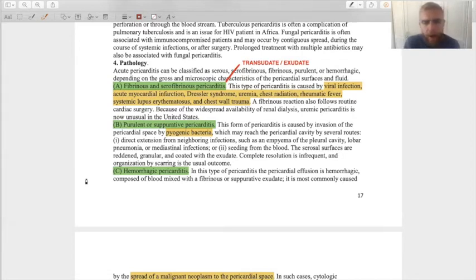And looking at all these causes, most of them are inflammatory in nature. So Dressler, autoimmunity, right? Is there inflammation associated with autoimmunity? Yes. So would there be a dilation of capillary beds? Yes. So they'd be leaky and it would be a serofibrinous pericarditis.